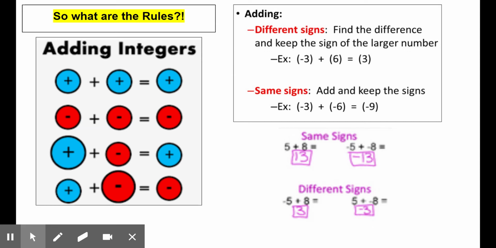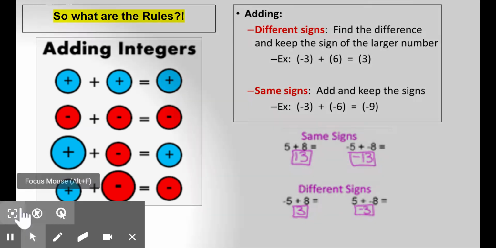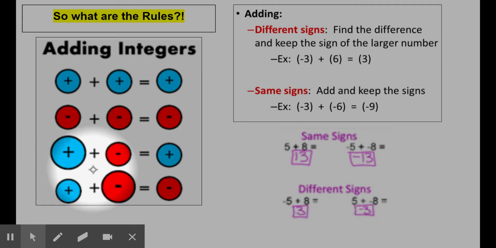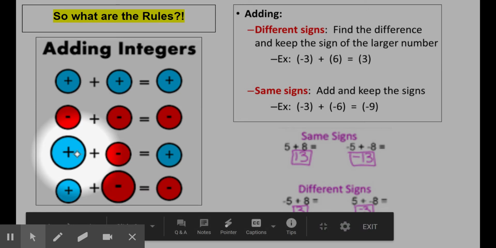When we have different signs, so a positive and a negative being combined, we just have to figure out what we have more of, right? So if the positive is larger than the negative amount, we'll end up with a positive.